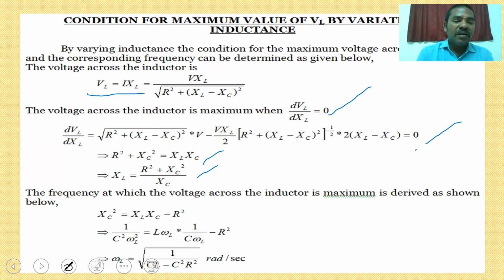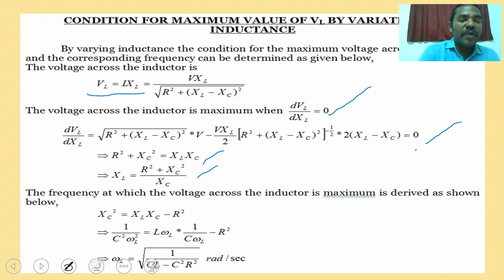From this, the voltage drop across the inductor is maximum under this condition. So XC square is equal to XL XC minus R square. Then what is XC? XC is 1 by C omega.